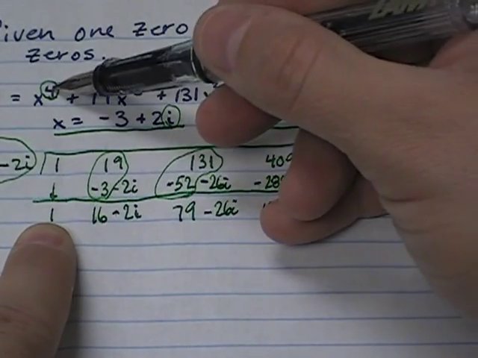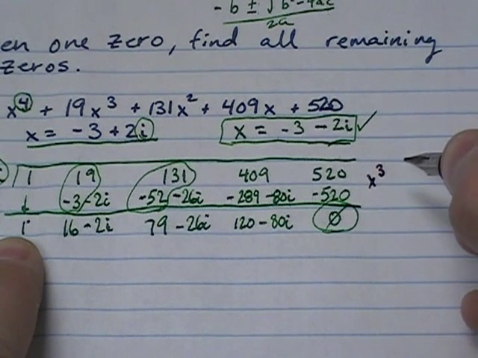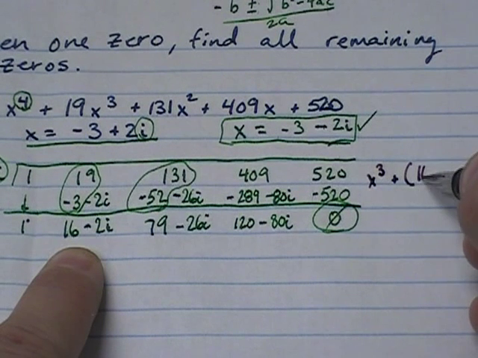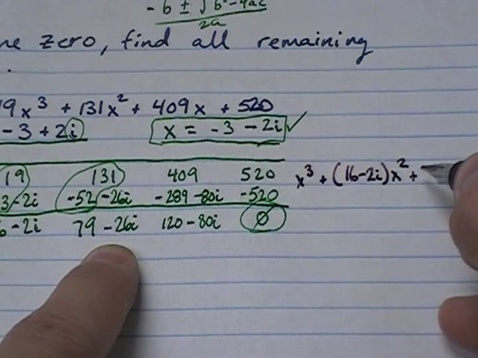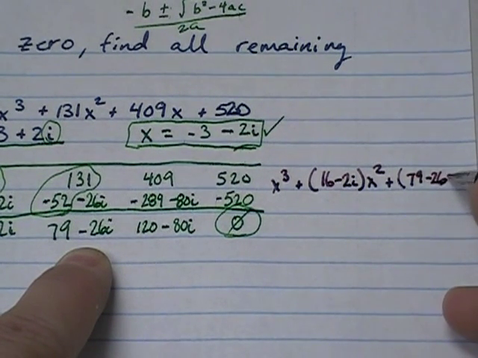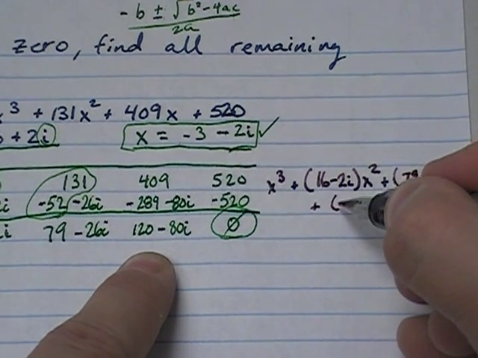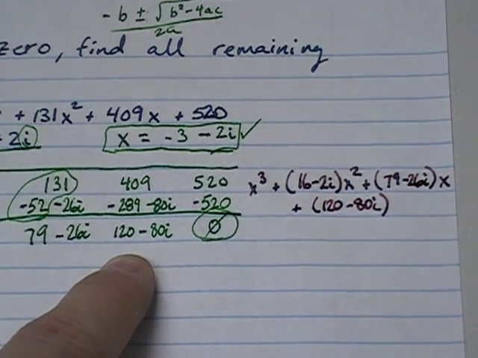The original was x to the fourth, so this is going to be 1x cubed, plus 16 minus 2i x squared, plus 79 minus 26i x, then plus 120 minus 80i as a constant.